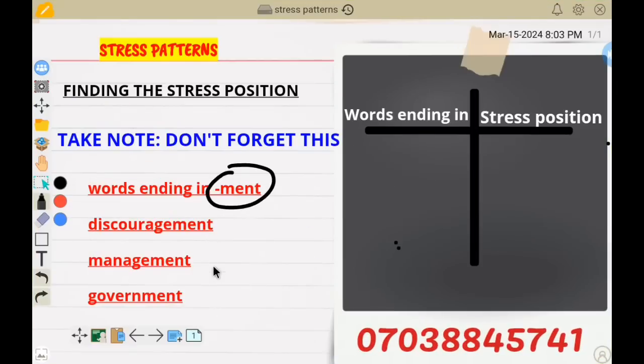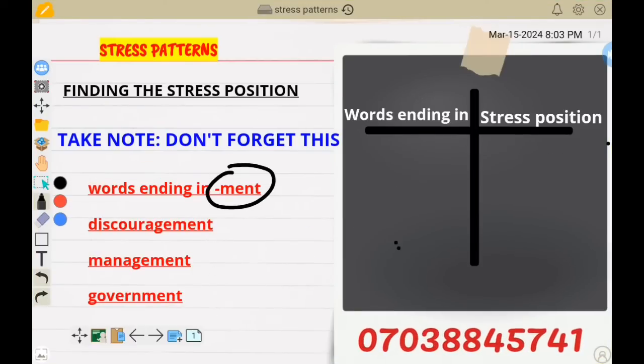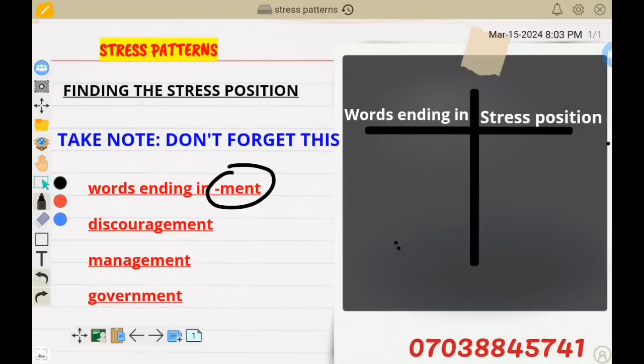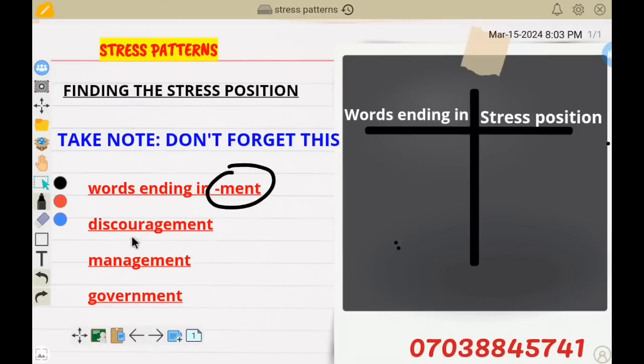Take note of this particular part. If a word ends in MENT, what you have to do is first of all look at the base form of that particular word. Now this particular word here is discouragement. So this ment is a suffix. You remove the ment part, and this other part is a prefix, so you remove it too.